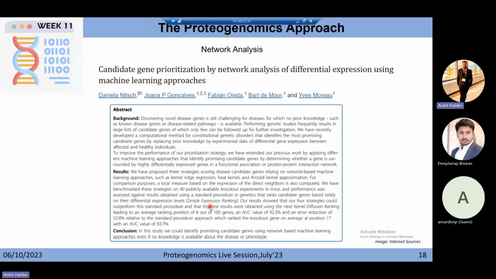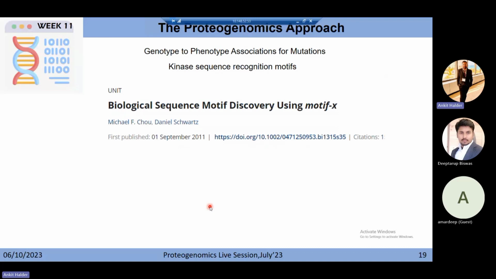So they have identified promising candidate genes using network-based machine learning approaches, even if no knowledge is available about the disease or phenotype. Using publicly available knowledge bases, you can see that machine learning model approaches can be used in this kind of network construction as well, and it is very beneficial when there is no prior knowledge about a disease or the genes.